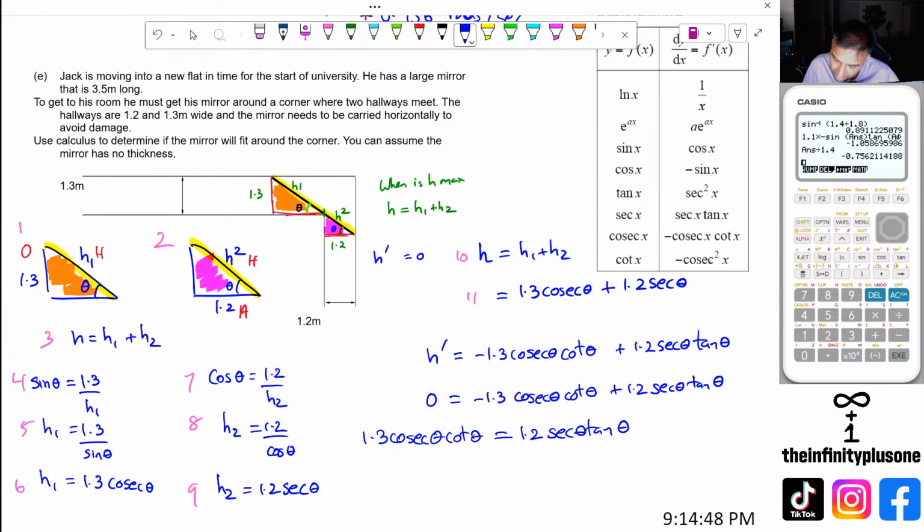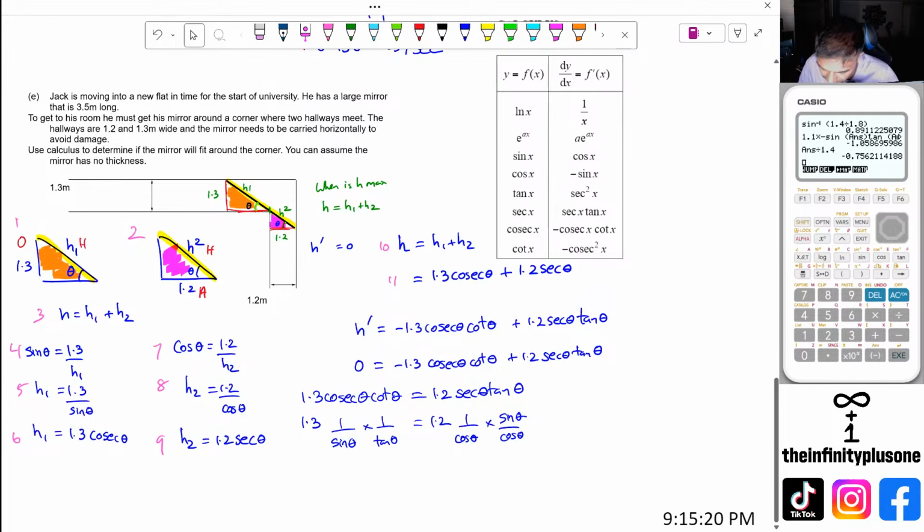Now, what else can I do here? Sec theta cot theta, I could get rid of... no, I can't. So I'm going to rewrite this. So this is going to be 1.3 times 1 over sine theta times 1 over tan theta equals 1.2 times 1 over cos theta multiplied by sine theta over cos theta.